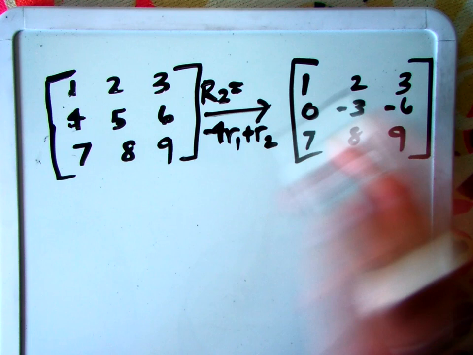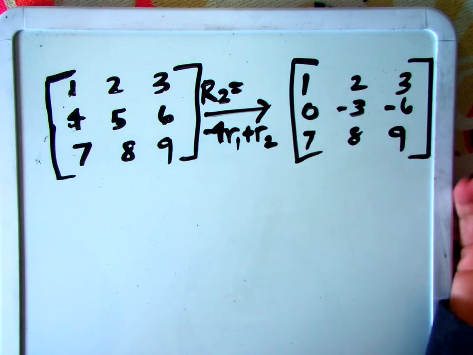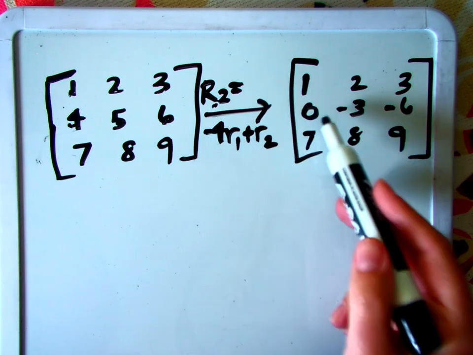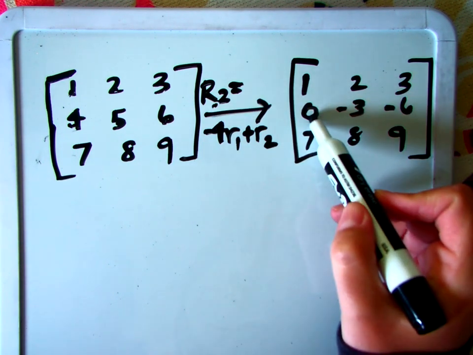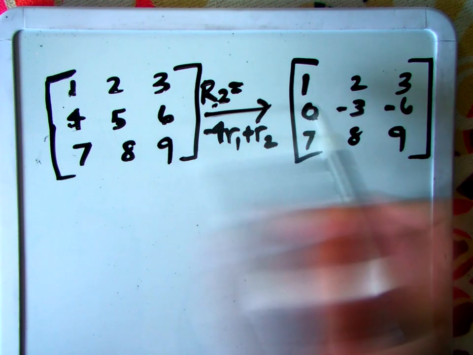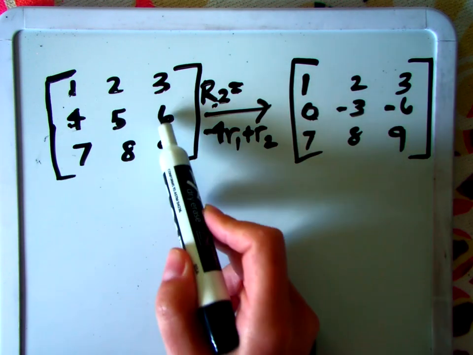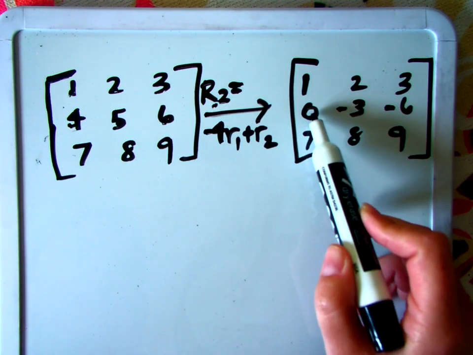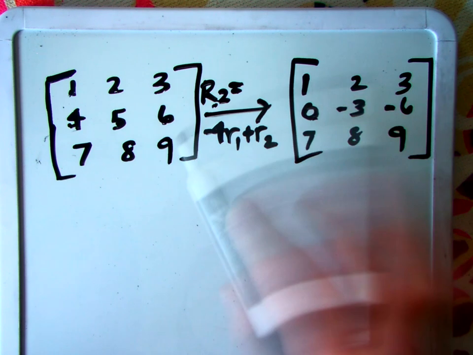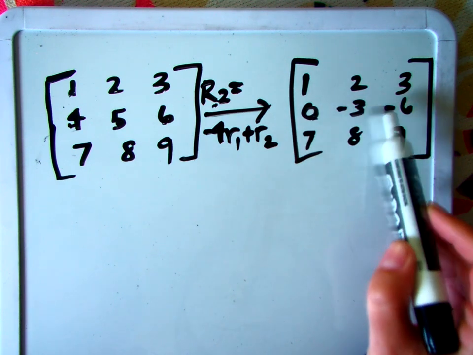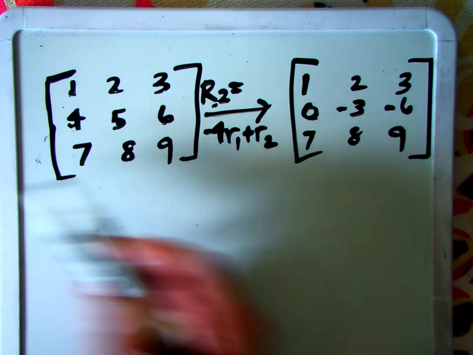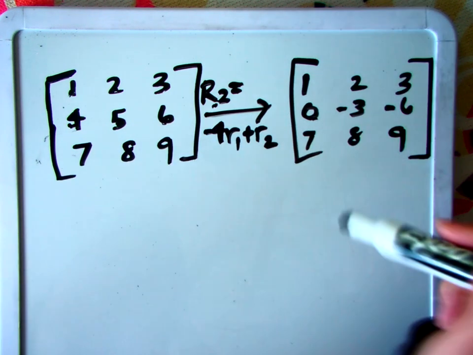So in this case, let's talk about what we've just done to our new row 2. So we've eliminated the x coefficient. So whereas this was 4x plus 5y plus 6z, we can now interpret it as just 0x, or no x, negative 3y minus 6z.